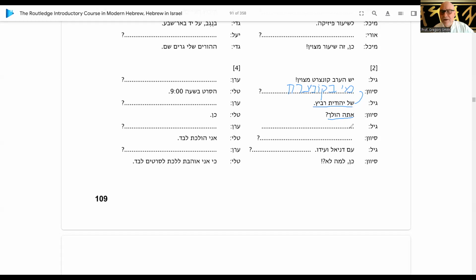Ani holek la'concert. I'm going to the concert. I could probably put la'concert. אני הולך לקונצרט. Okay, so Gil says, I am going, are you going?